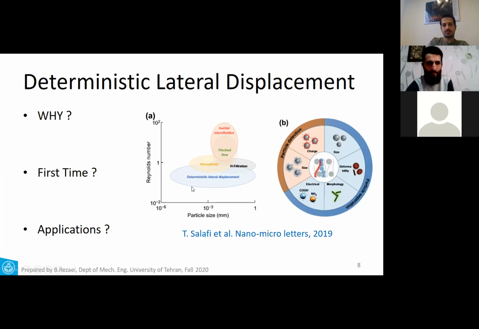You can manipulate bioparticles from the nanometer range even to millimeters. This is maybe the most important reason that DLD is so widely used.